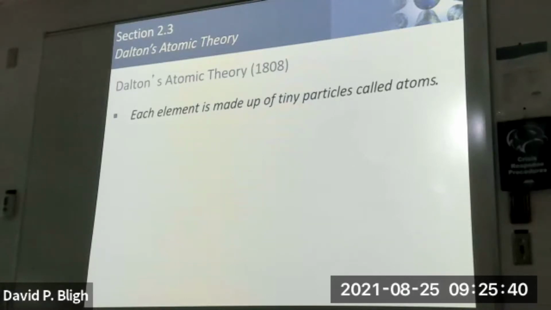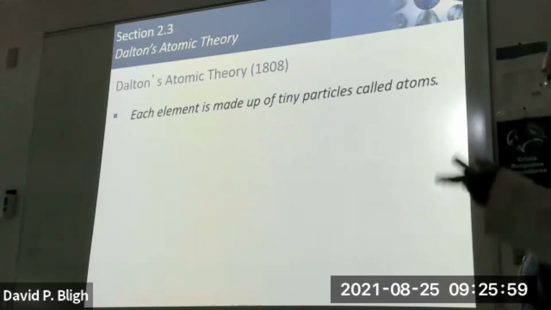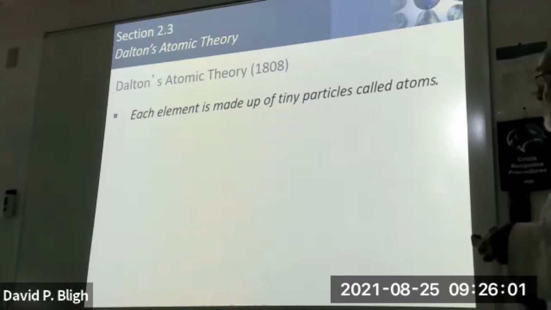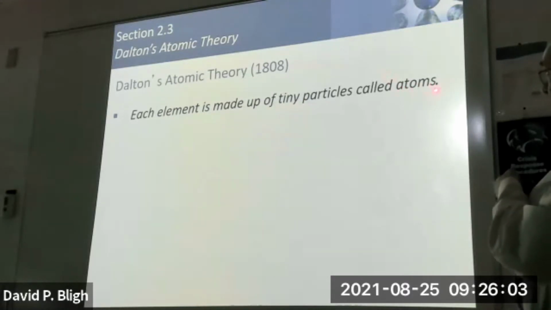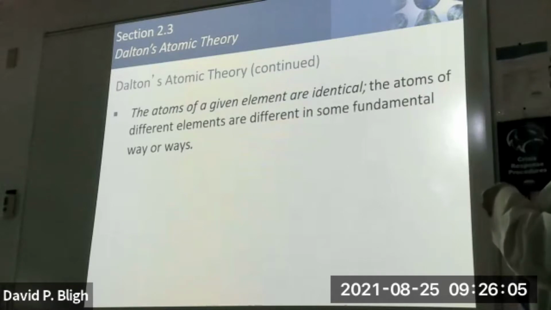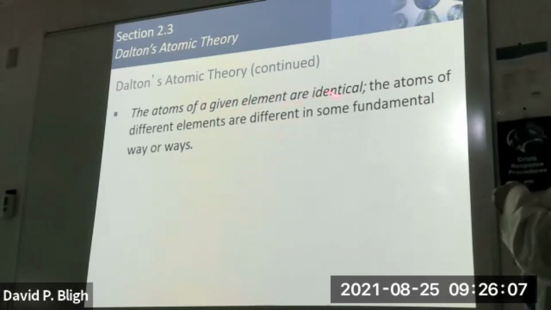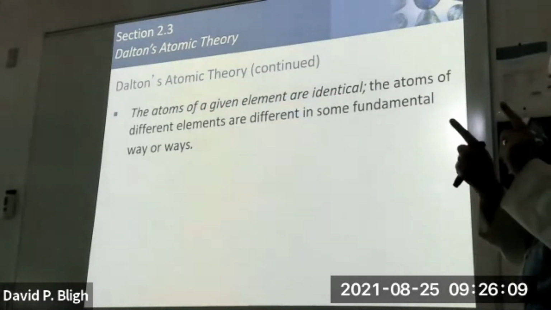So what Dalton's atomic theory says, these are the premises of his theory, the postulates, we might say. Each element is made up of tiny particles called atoms. We've seen that one before, right? So I suspect he stole that from the ancient Greeks. But he went a step further. He said, these atoms, for every different element, are identical to each other.